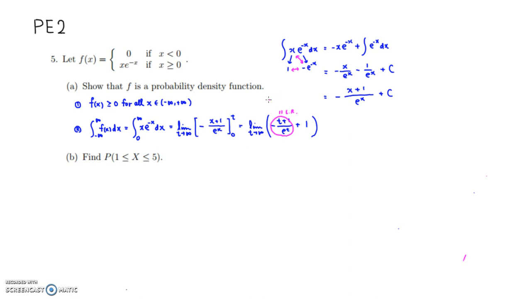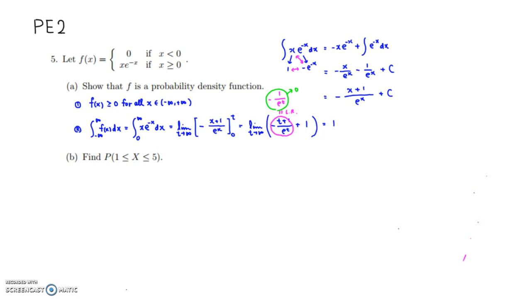The derivative of e to the t is still e to the t, and the derivative of negative t plus 1 is negative 1. Then as t approaches infinity, this approaches 0 because the denominator gets larger and larger. Therefore, this is going to be equal to 1. So we got that.